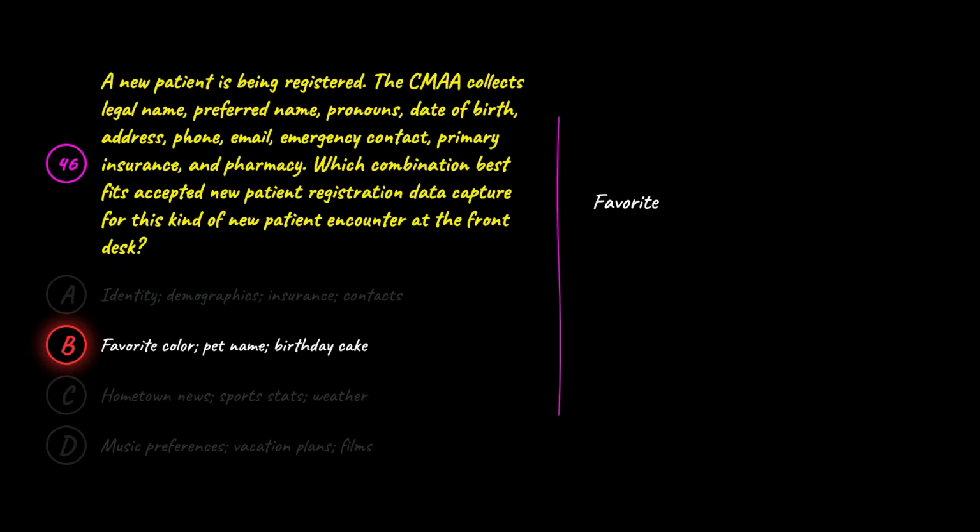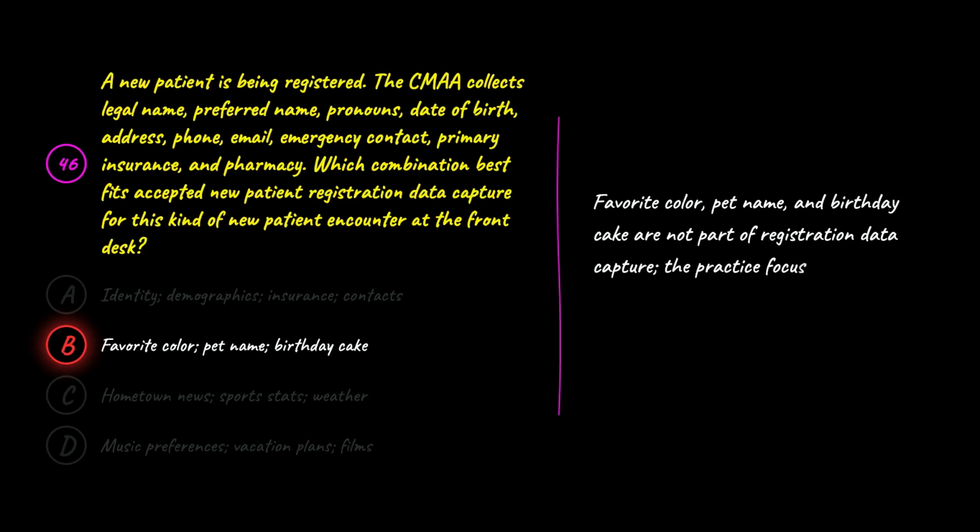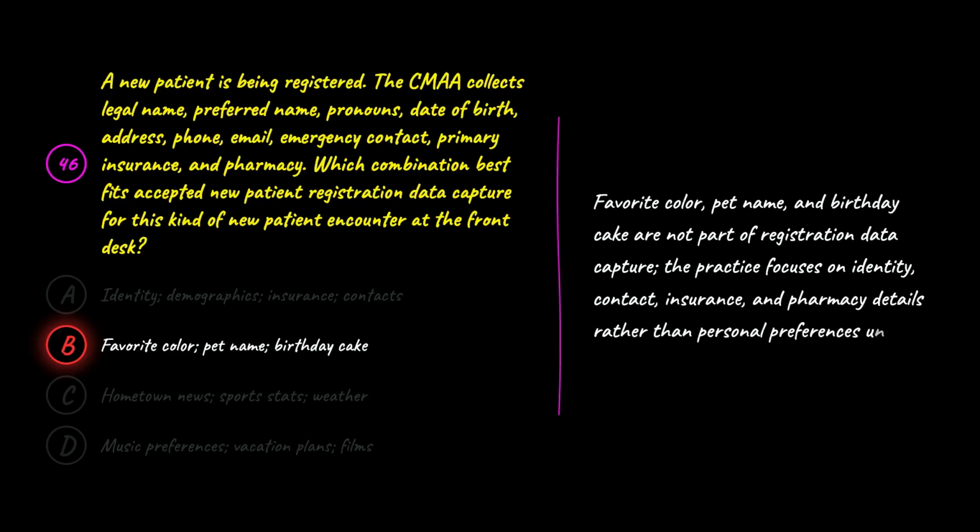B is wrong because favorite color, pet name, and birthday cake are not part of registration data capture. The practice focuses on identity, contact, insurance, and pharmacy details rather than personal preferences unrelated to clinical care.